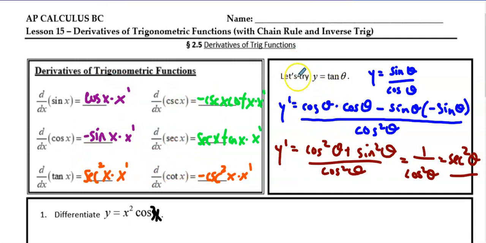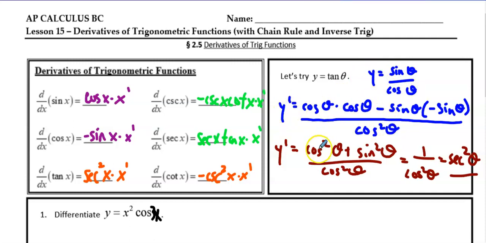We could spend time, which we're not in this video, deriving all of these trig functions. I did write out for you how we derive the tangent derivative, secant squared x, by rewriting tangent as y equals sine over cosine.